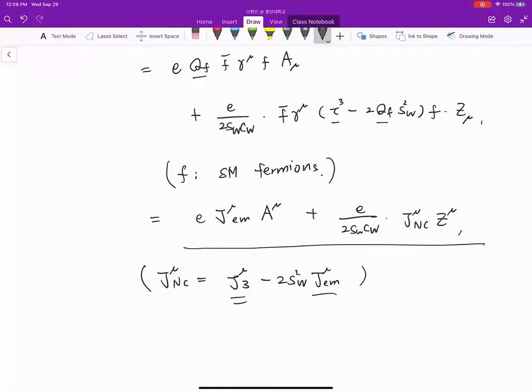So this is a simple form of the neutral current interaction in terms of the current.